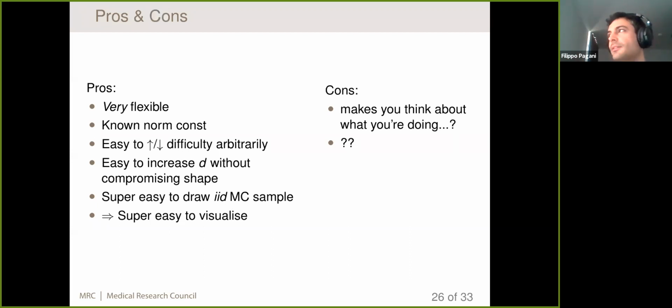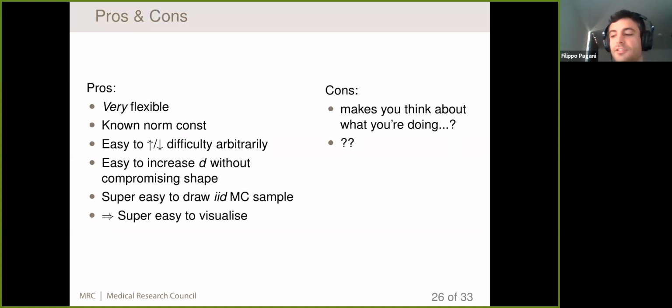And maybe the coolest thing is that because they are basically all normal distributions in a sense, it's very easy to draw a completely independent Monte Carlo sample. So whenever some analytical result is not quite available for this model, you can just draw a stupidly large sample, and approximate it with very, very good precision. So it's very, very flexible.